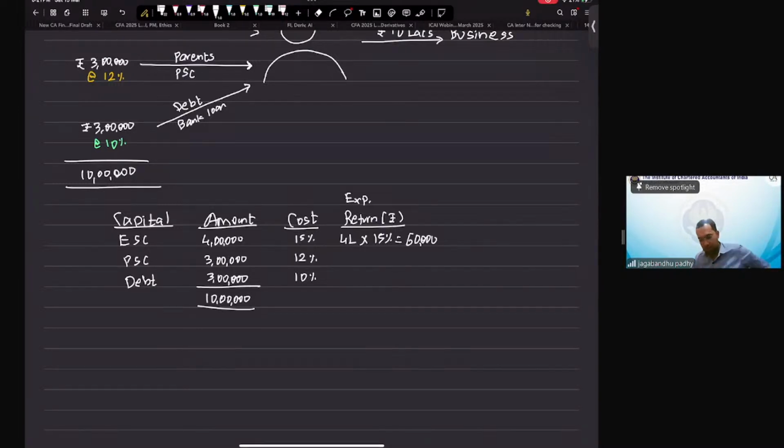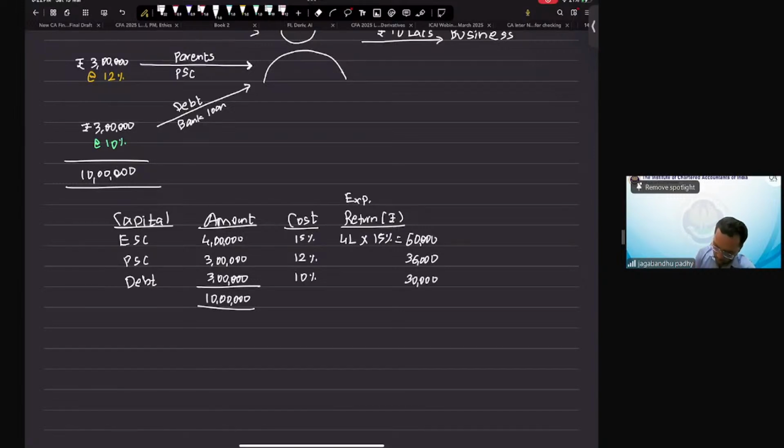Same way, what's the amount of return for preference share capital? 36,000. And what's the amount of return for debenture holders? 30,000.